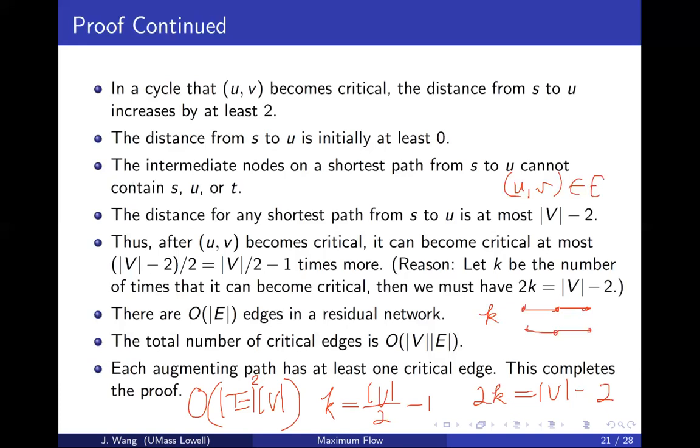We are going to show why finding a path from S to T in a residual network will give us a maximum flow. That is the problem we need to answer, so we're going to do that in the next video.